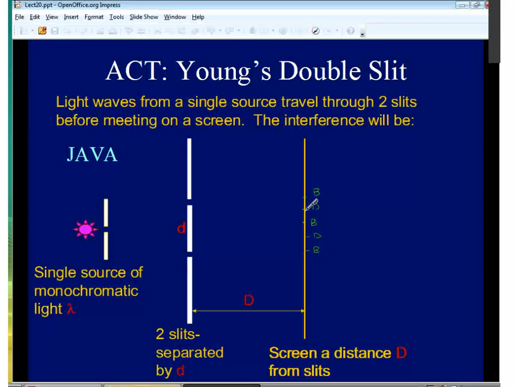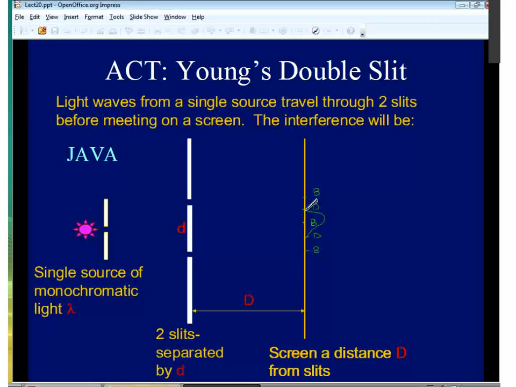Bright. That's where the peak should be. So it's a gradual fall in brightness.